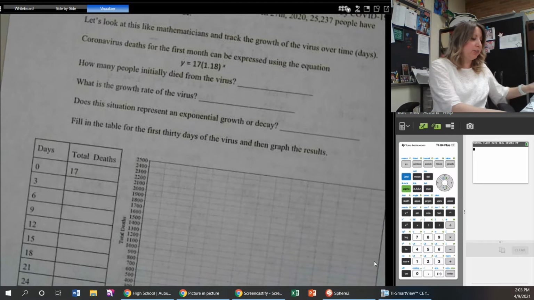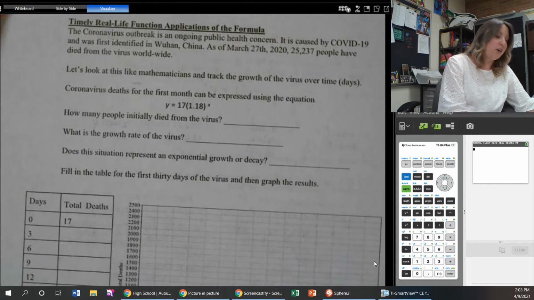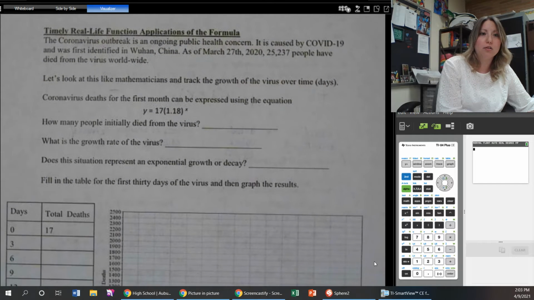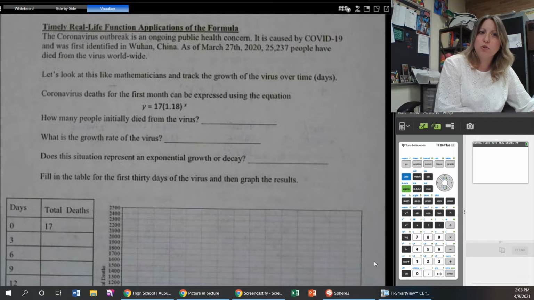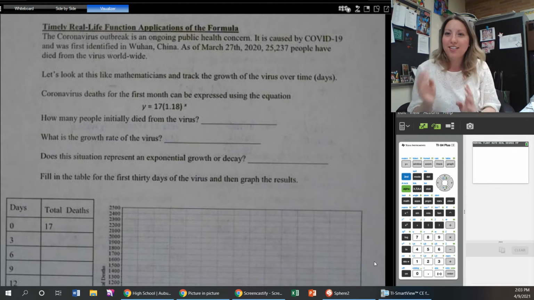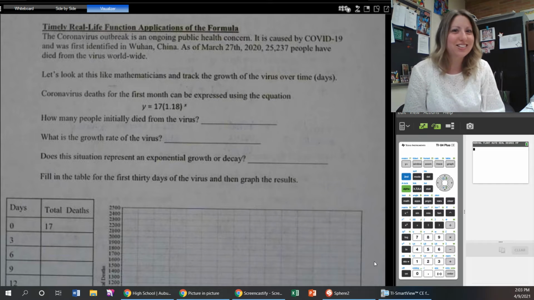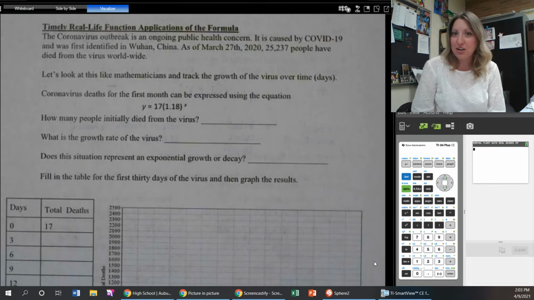An aptly timed real life function application with our formula. Interesting. This thing called the coronavirus, an outbreak, is an ongoing public health concern. Didn't think I'd be saying that this almost exactly a year from when I made this up, but here we are.